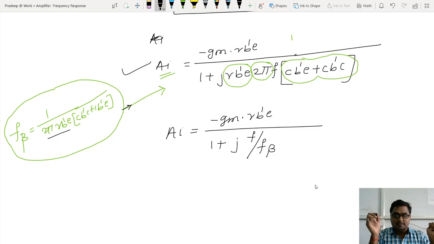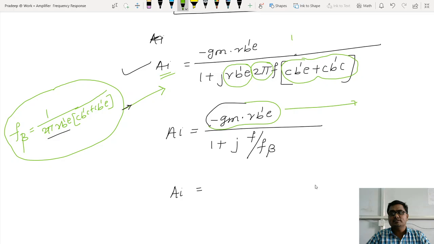Now this AI is I L divided by I B. In this equation, what is gm multiplied by R B dash E? What is that? It shows hfe.